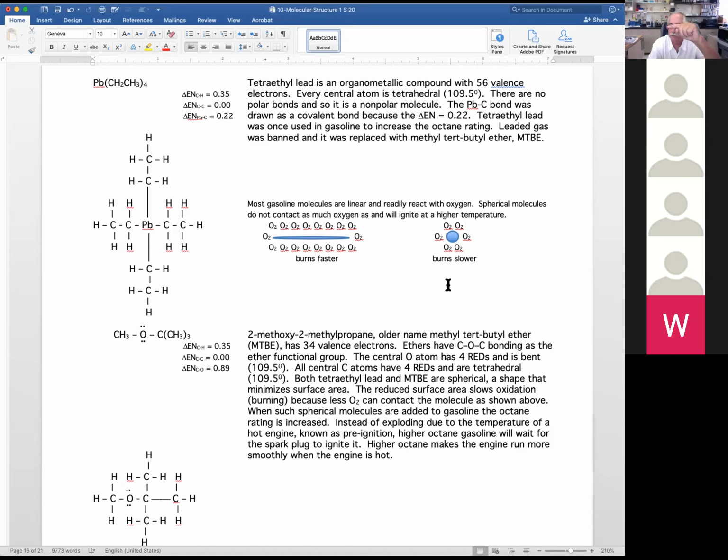So it causes your crankshaft to not go smoothly, but just bounce between different explosions. And it beats the heck out of your bearings and everything else. It won't run smooth and you won't get good efficiency. So they would put tetraethyl lead in there to make it burn slower, even at a higher temperature, so you avoid pre-ignition.